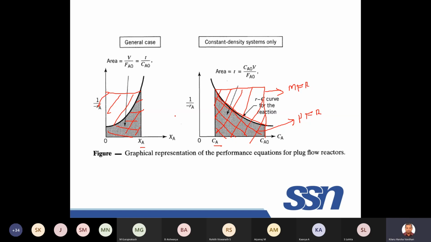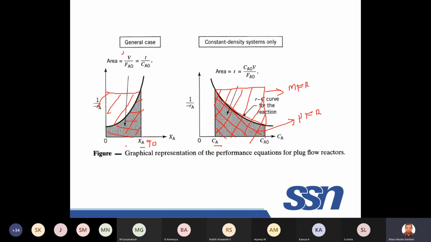So from the figure, tell me which one will have more volume, either MFR or PFR, for a concentration, whatever the conversion may be. Let it be around 90% conversion. Please tell. Just see the figure and then tell where the volume is more. Is the area of the rectangle more or the area under the curve more?